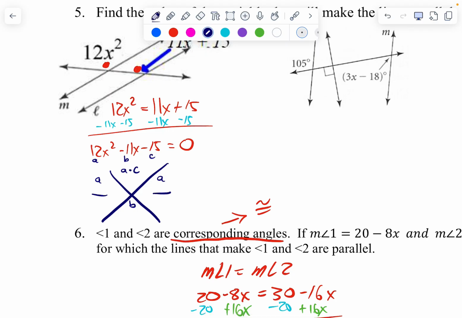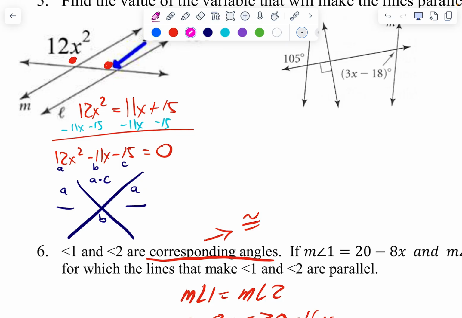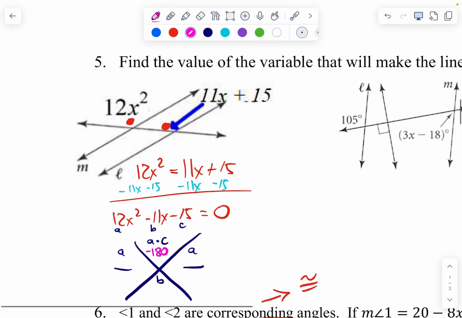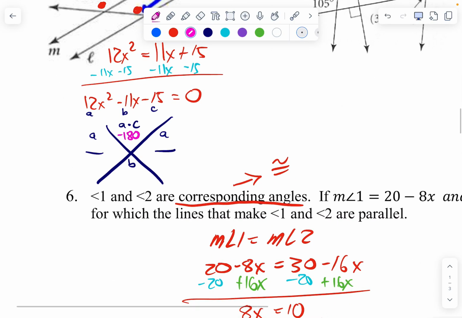So what is a times c in this case? Oh, and first, check for a GCF. I didn't say that because there's not one, but if you could divide all the numbers by something, then you would want to do that first. Anyway, a times c is negative 180 in this one. So 12 times negative 15, negative 180. And then b is negative 11, and a is 12, which is kind of weird.